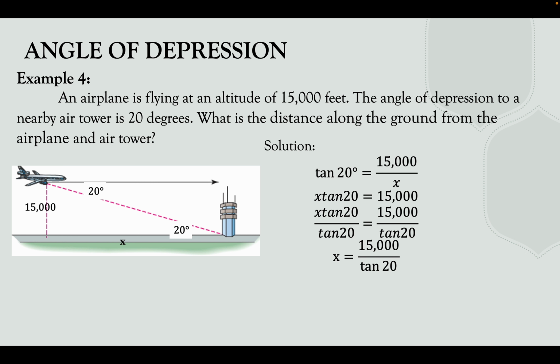So you input that in your scientific calculator, you will get x equals 41,212.16. That means the distance along the ground from the airplane to the air tower is 41,212.16 feet.